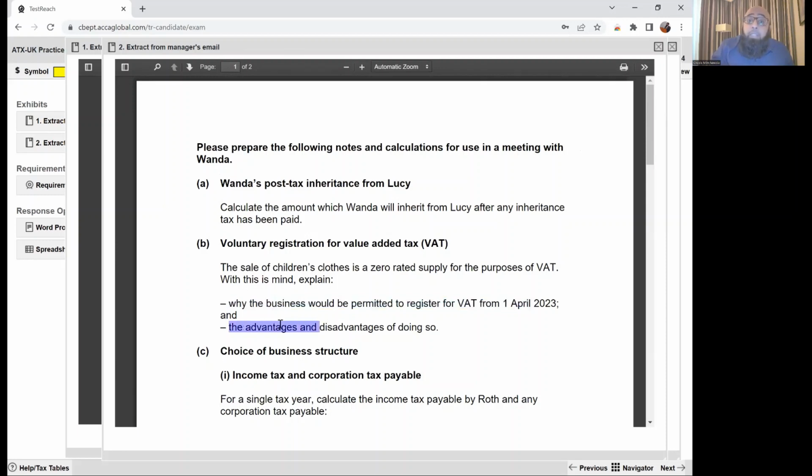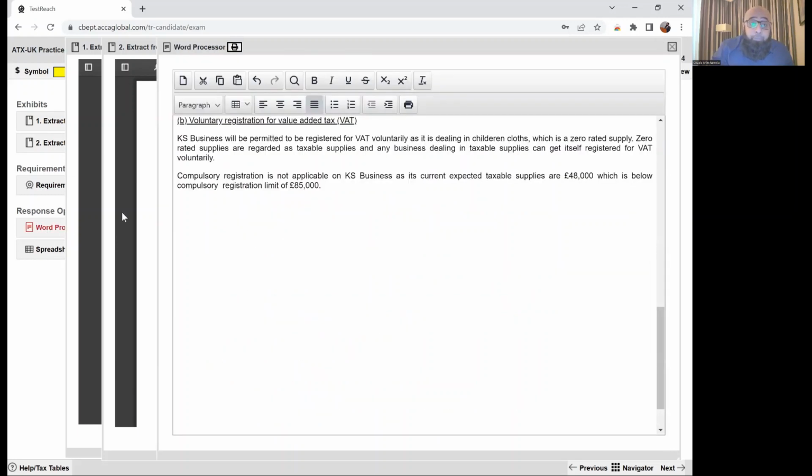What will be the advantage and disadvantage of doing so? Since you are dealing in zero rated supply, you can recover the VAT. The advantage of getting registered for VAT is that KS business will be able to recover its VAT as it is dealing in zero rated supplies.